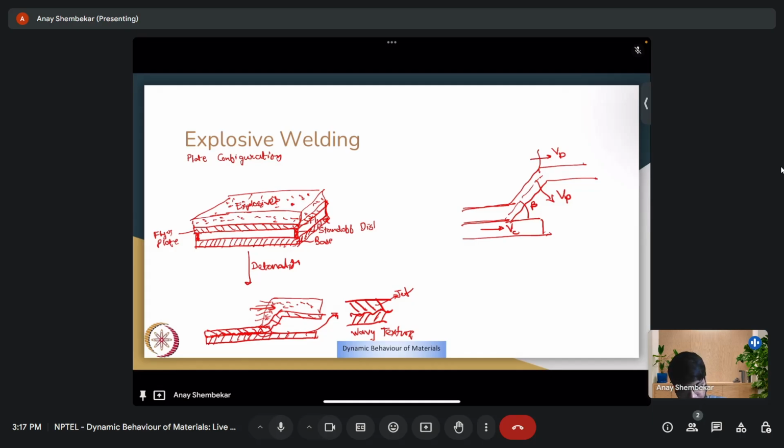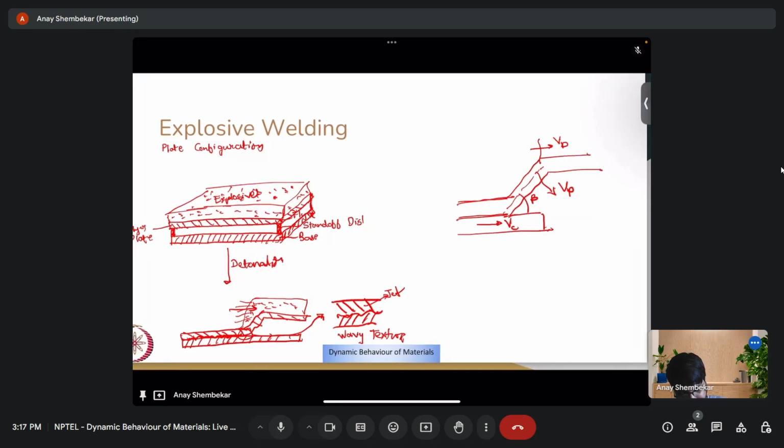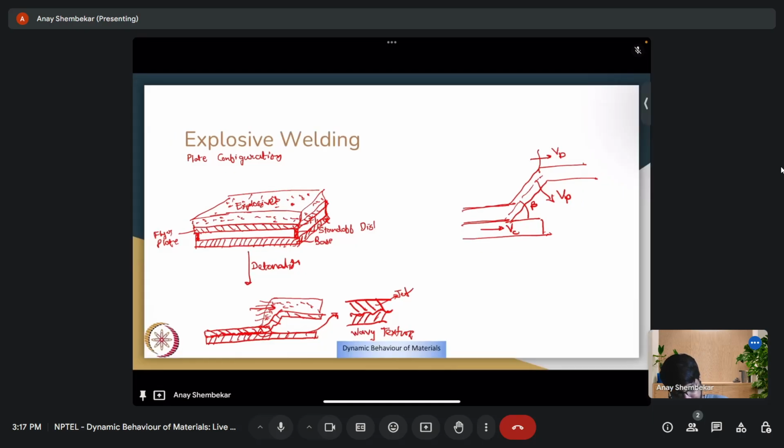So if one were to draw it in a trigonometric manner, you have Vc, the collision velocity, equals detonation velocity for a parallel plate impact. Then this is Vp. This is the dynamic bend angle beta split into half as beta by 2.